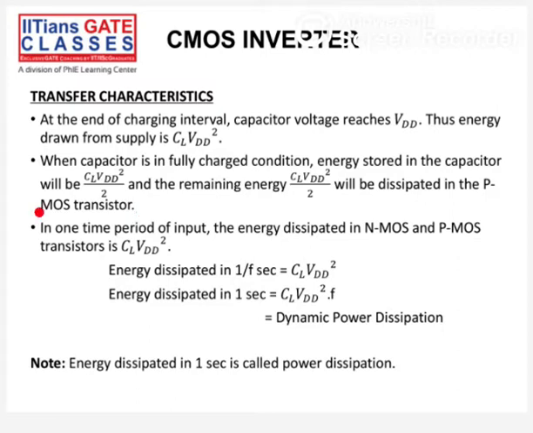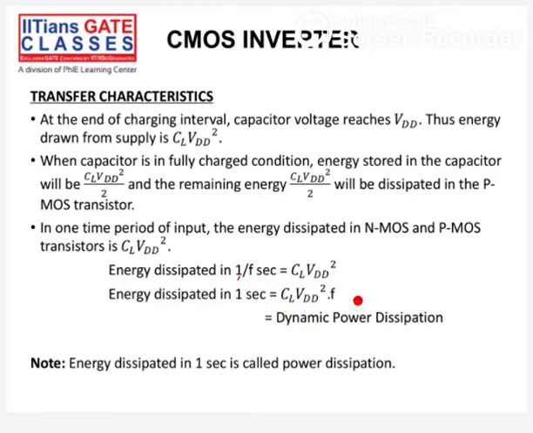So the total energy dissipated will be CL VDD square in 1 by f seconds. If f is the frequency, in 1 by f second it will be CL VDD square. So the energy dissipated in 1 second will be CL VDD square into f. And this will be the dynamic power dissipation.